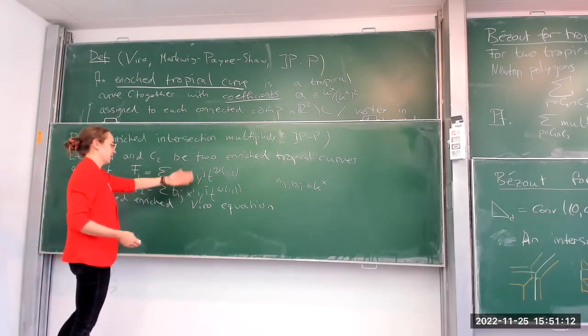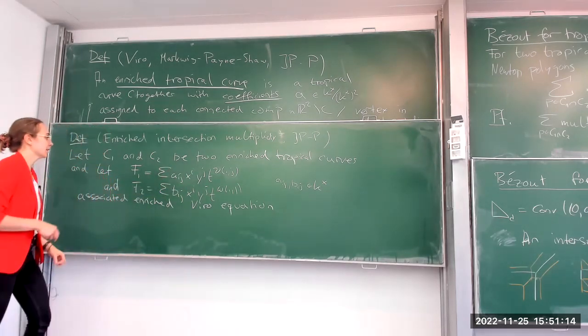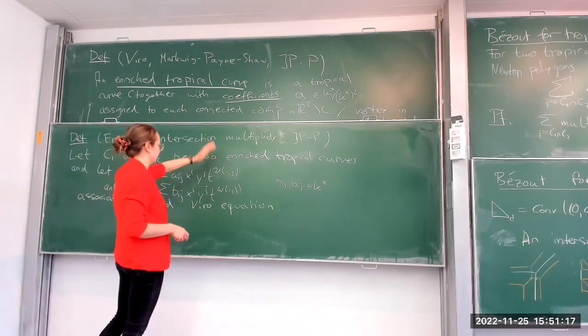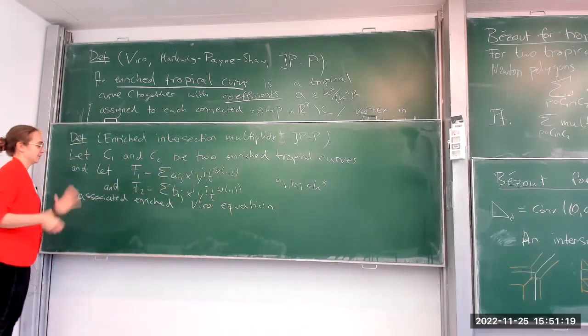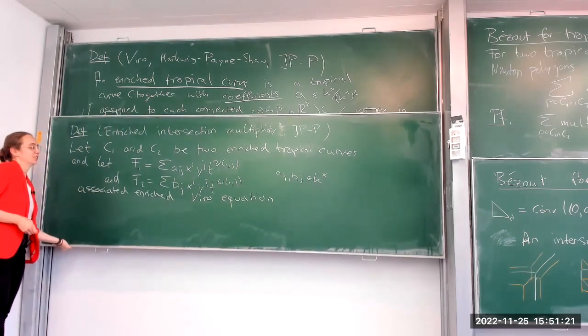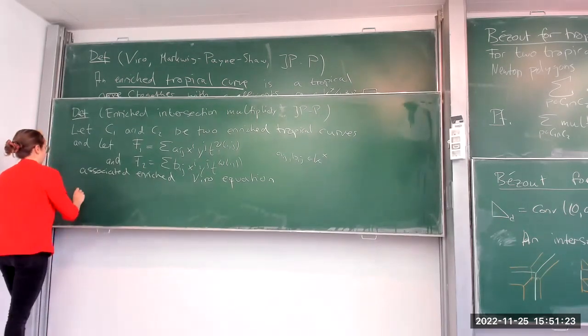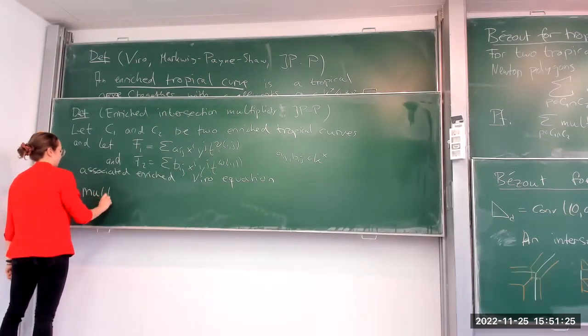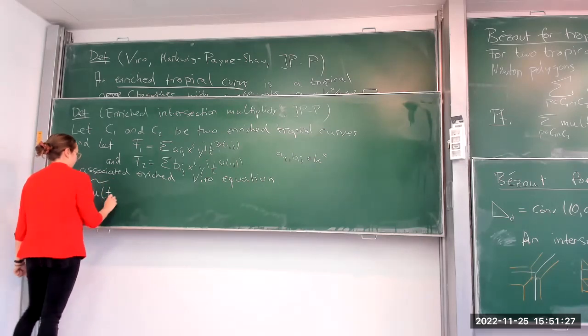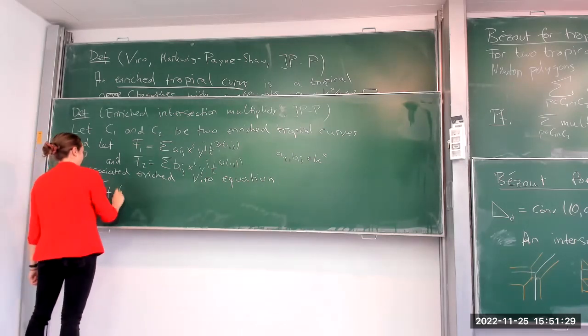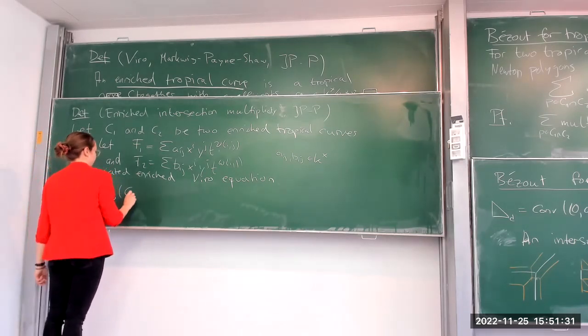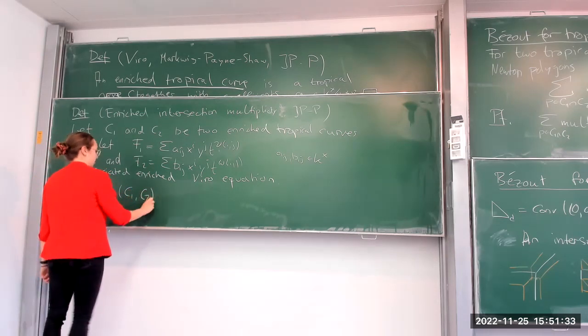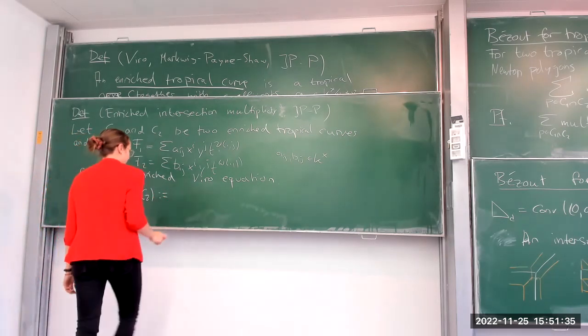But these are not unique. These exponents you could shift, but in the end it doesn't matter for the definition. Then we define the enriched intersection multiplicity at an intersection point P of my enriched tropical curves to be the following.